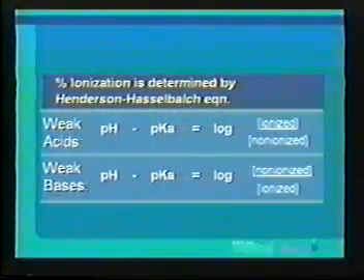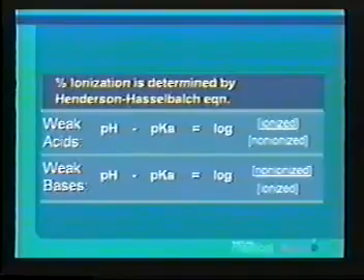And we have pH minus pKa for both weak acids and weak bases equaling a log function of the relative ionization in terms of concentration ionized over concentration non-ionized in the case of a weak acid, and the reverse of that in the case of a weak base. So if instead of being concentration ionized over concentration non-ionized, a weak base is concentration non-ionized over concentration ionized. And you see that in these two relationships here.